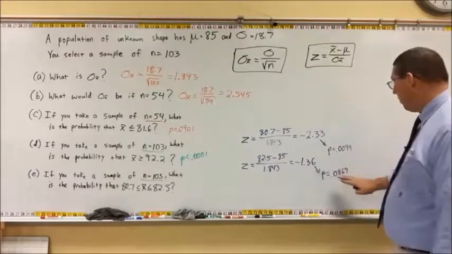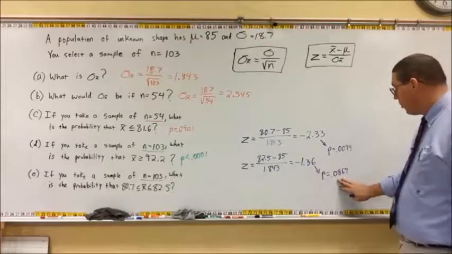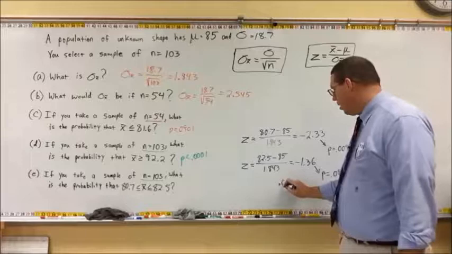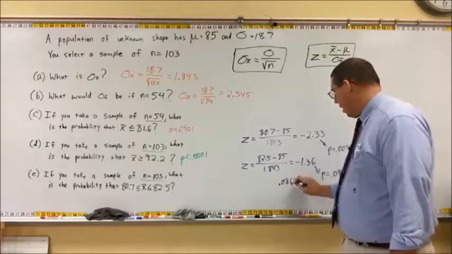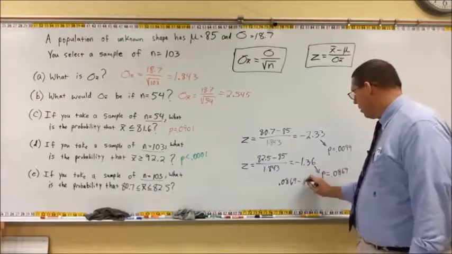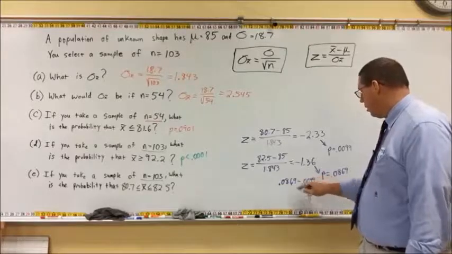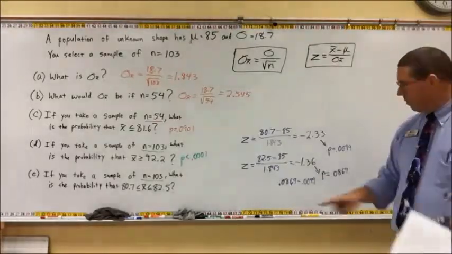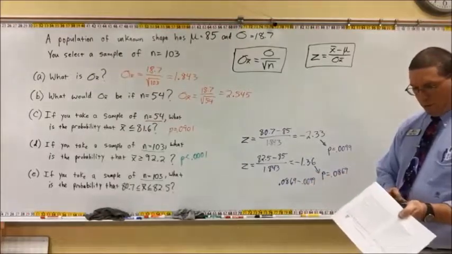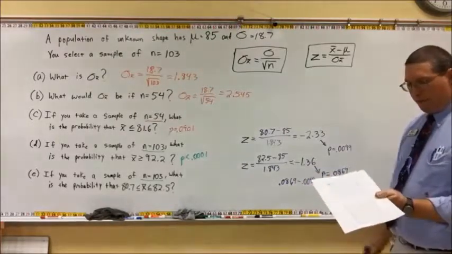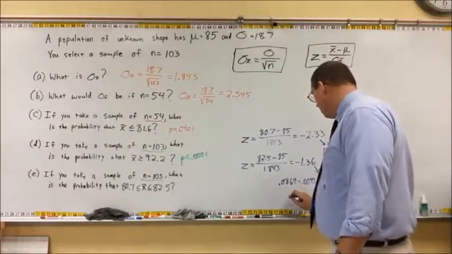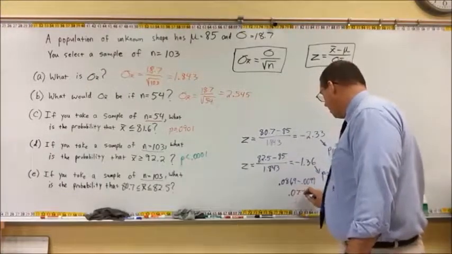Now I know it doesn't look like it, but this is the larger p-value. So we have to do this p-value minus this p-value. 0.0869 minus 0.0099. Do that in the calculator. That gives us 0.077.